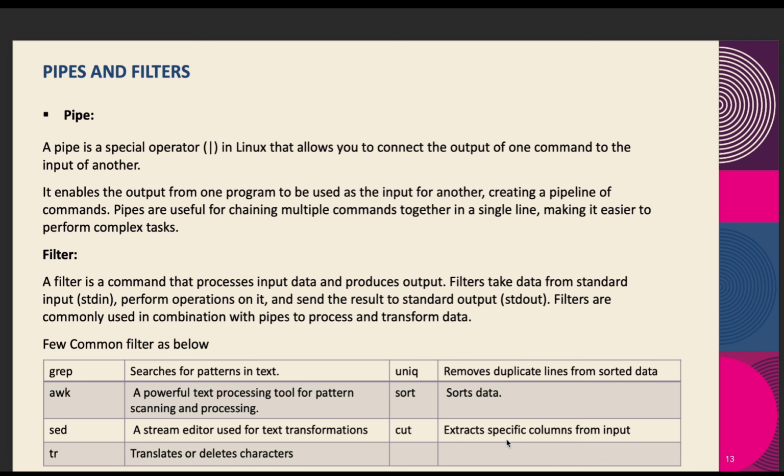So we have by default a few common filters that are widely used in the Linux environment. One is grep. Grep is a commonly and widely used filter that is useful to search for a pattern in a text. One common example is that suppose you have a log file from any application, and in the log file you need to search for a particular text or error type.